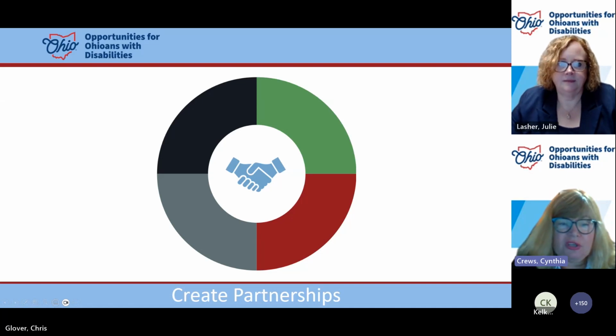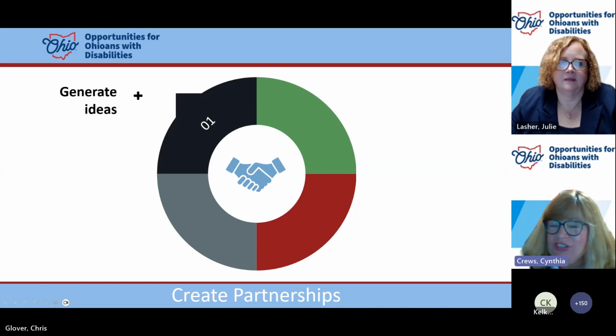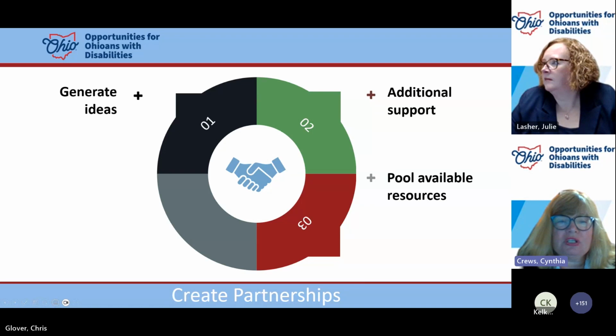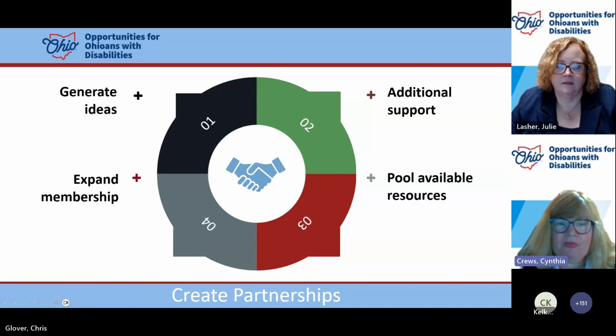So partnering with these other ERGs can help you leverage idea generation for your programming, get additional support for your events, have the possibility to pool available resources, which sometimes can include dollars that are set aside for ERGs, and recruit and expand your own ERG's membership.